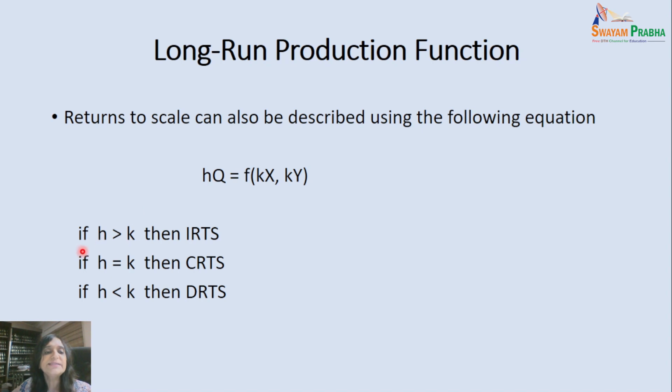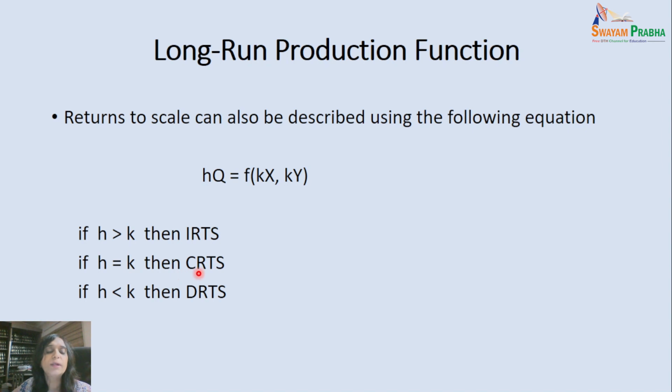So if this change in output, which is indicated by h, is greater than k, that is, the change in output which is given by h is more than the change in input which is given by k, then we call it increasing returns to scale. Second situation is the change in output h is equal to the change in input k.